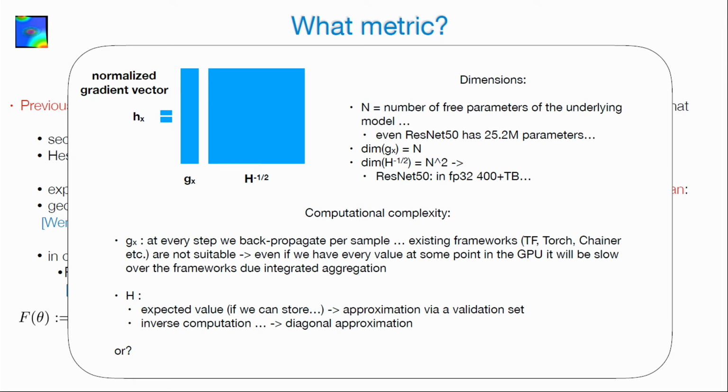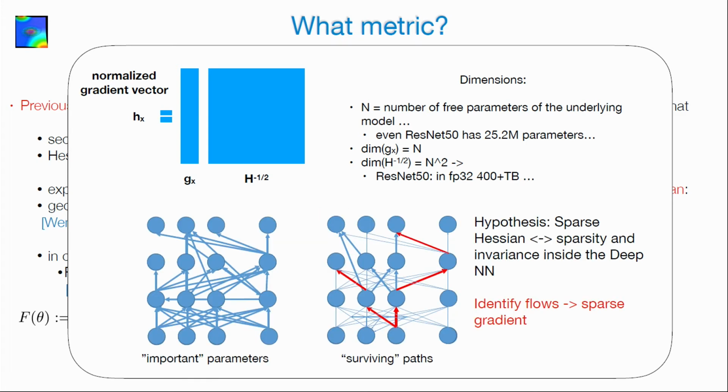The first one is that because of the expectation over the mean, it's not suitable, but there are some tricks for that. We can do the approximation via a validation set. And of course, the inverse computation in the literature is usually handled by diagonal approximation for other types of problems, so not for this. But you can do that.